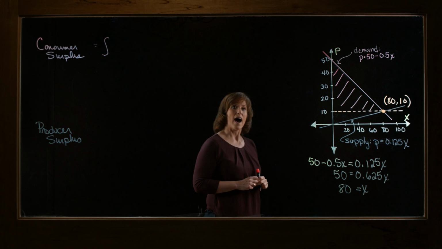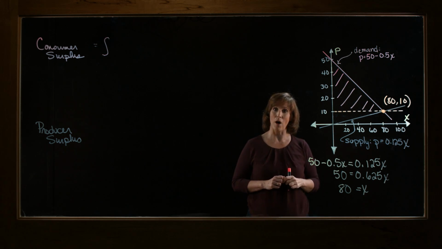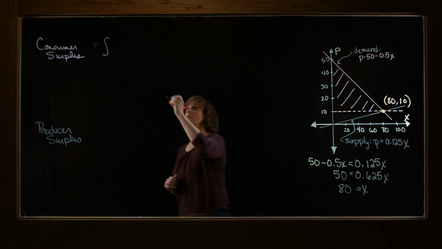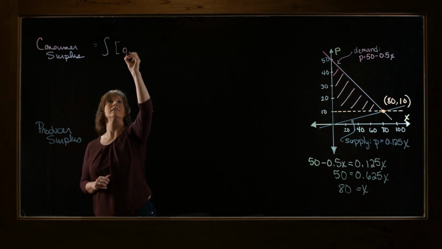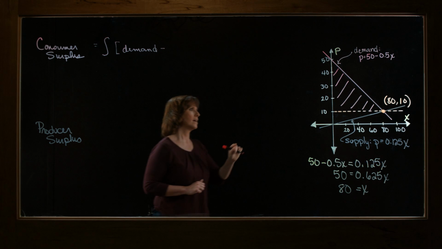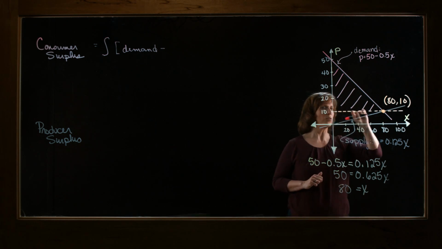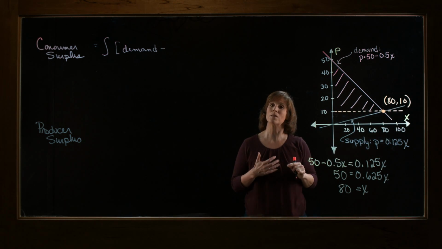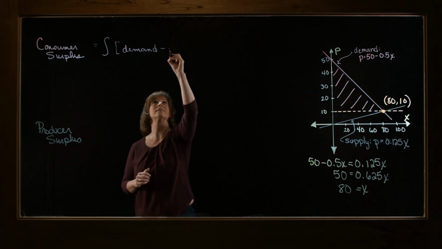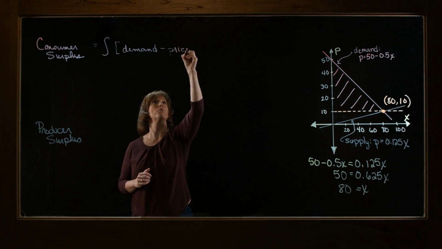To get the area, I know I need the top function minus the bottom function. The top function in this case is the demand curve. So we'll take the demand, and then we need to subtract this horizontal orange line, which represents the price that I'm selling my units at. So I'm going to subtract the price.